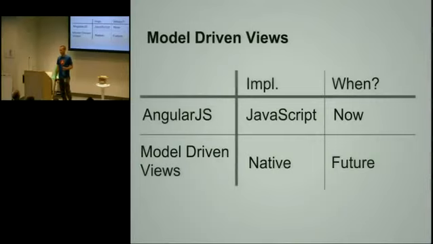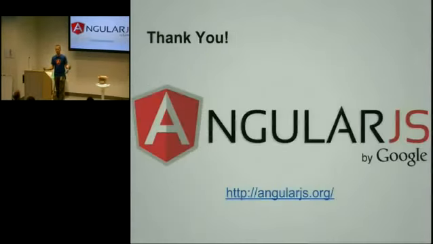And just to compare the Angular and the model-driven views, everything in Angular is JavaScript. So while the model-driven stuff is going to be native, and Angular is available obviously now, and you can use it now. While model-driven views, it's still going to take time to get there. That's about it. I'm happy to take any questions.